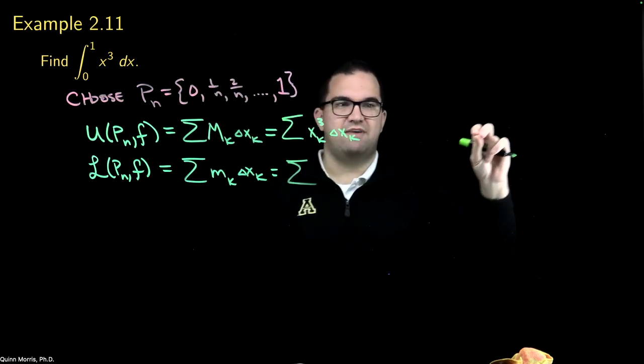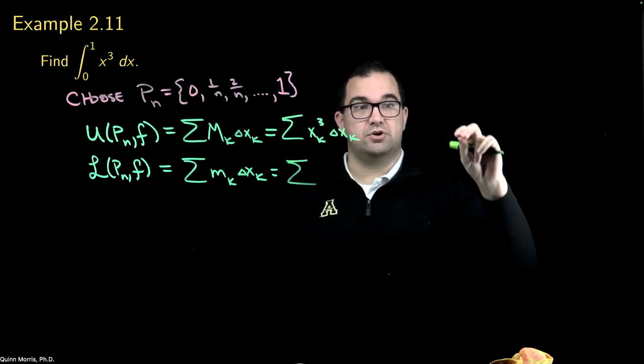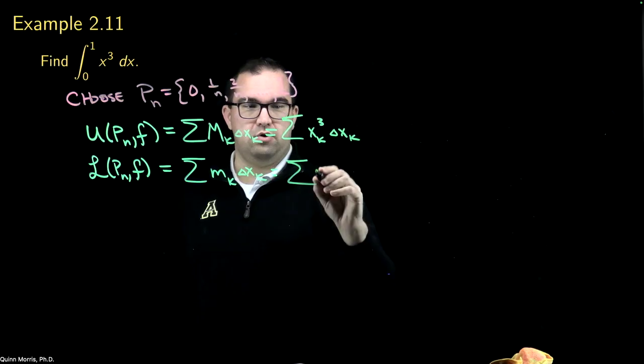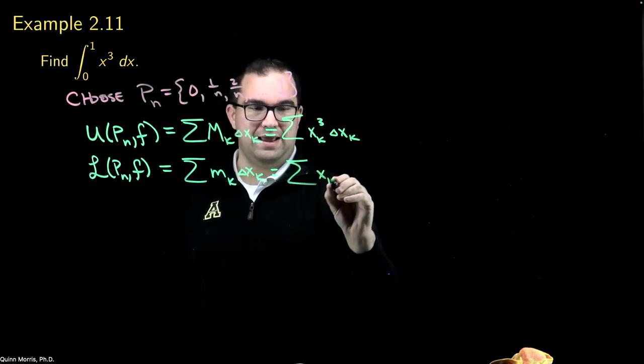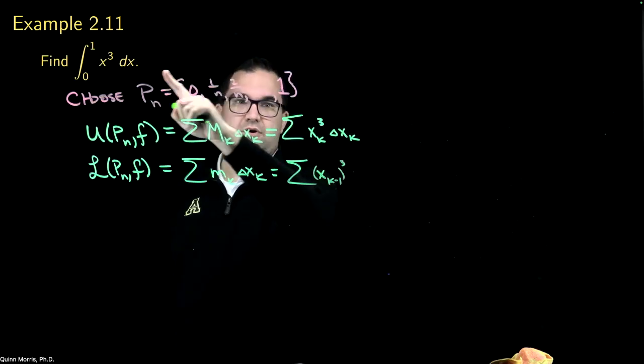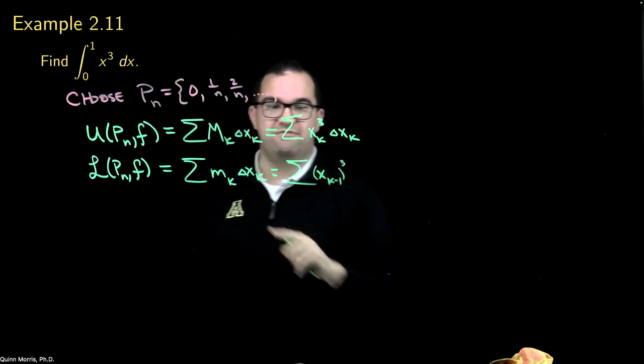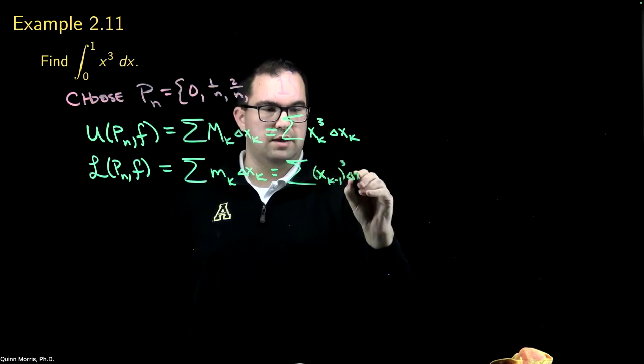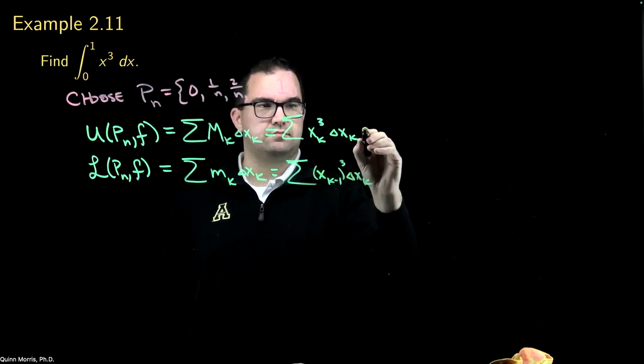Similarly, the minimum value of this function x cubed is going to occur at the left-hand endpoint of my subinterval. So it will occur at x sub k minus 1, but then the function is x cubed, so the minimum value will be x sub k minus 1 cubed times delta xk.